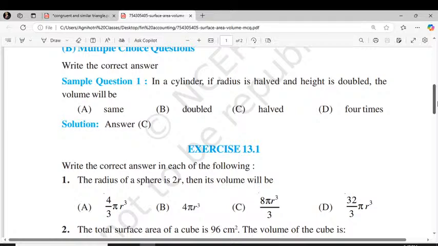Now you have half the radius and doubled height. The volume is then pi, r square over 4, into 2h. The 2 over 4 gives 1 by 2 pi r square h, which is half of the first volume. Let's say the first is V1 and the second is V2. Then V2 becomes 1 by 2 V1. That means the volume is halved, so the answer is C.